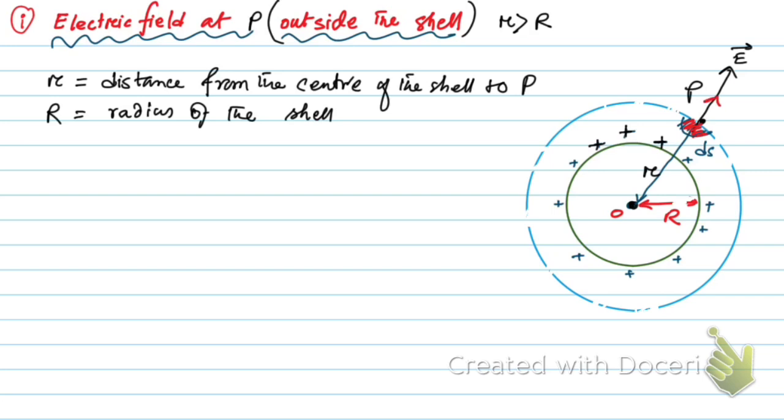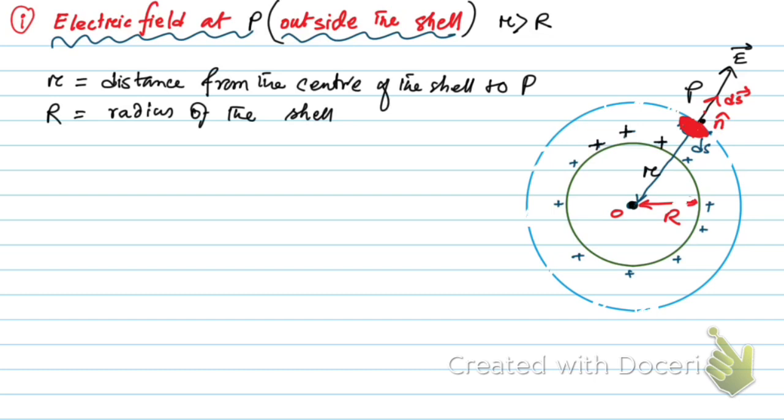Let me take n cap as the unit vector along the area vector. This is the point P, this is ds, and the area vector is ds vector.